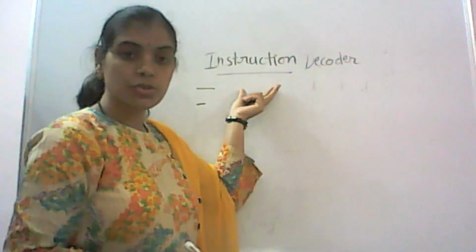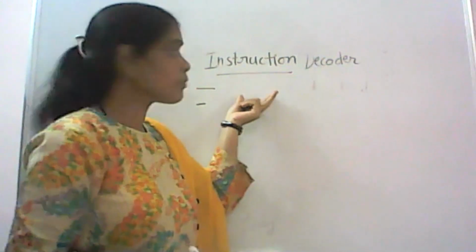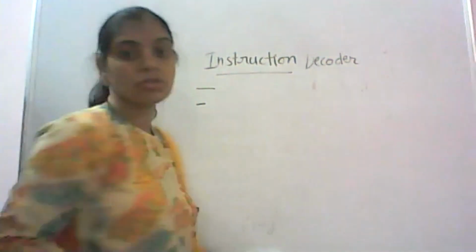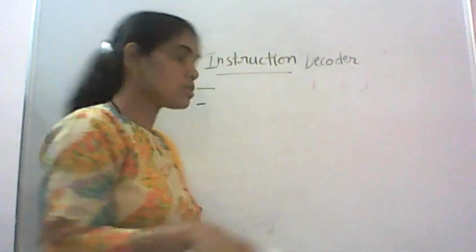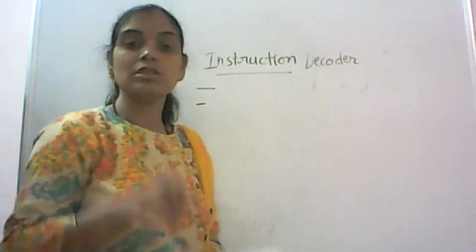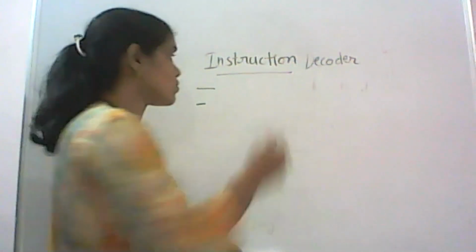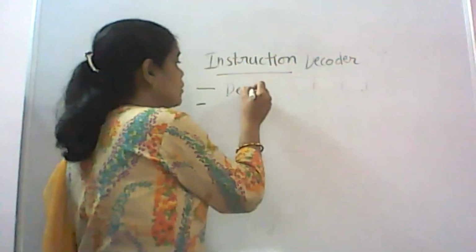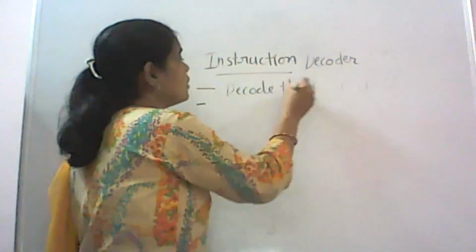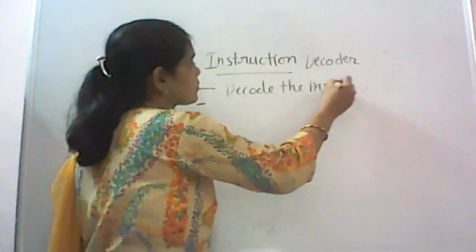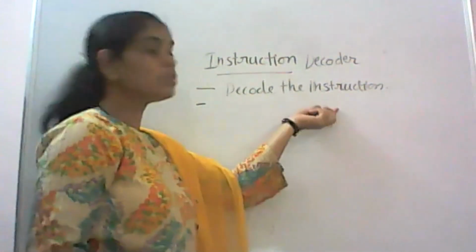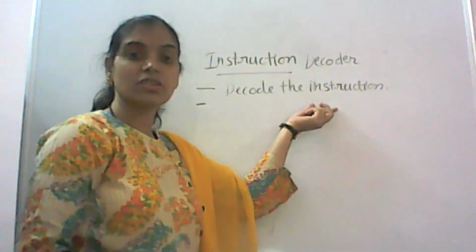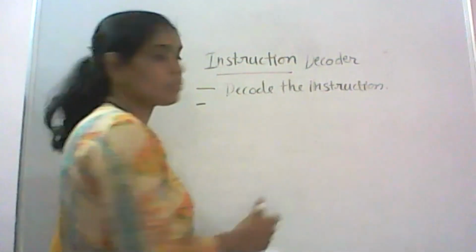Okay, this unit decodes the instruction. कौन से इंस्ट्रक्शन डिकोड करेगा? जो स्टोर है, कहाँ पे स्टोर है? इंस्ट्रक्शन रजिस्टर में स्टोर है. So this unit decodes the instruction. Which instruction? Those instructions stored in the instruction register.